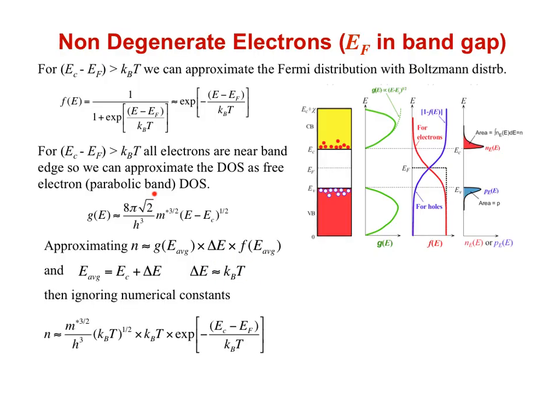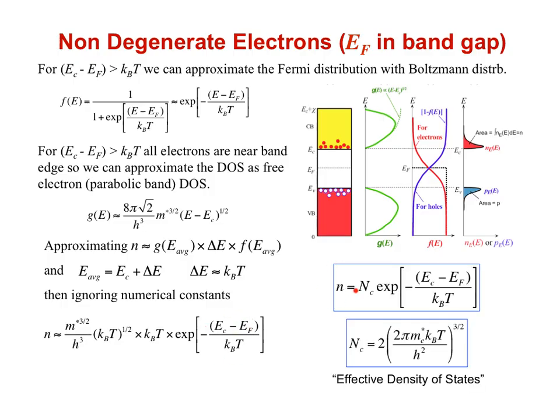Then, ignoring the numerical constants, we have effective mass to the 3/2 times kBT to the 1/2 power from the density of states equation. Then we have the kT from our delta E. And then from the Boltzmann distribution function, we have exponential of the difference between the Fermi level and the conduction band edge over kT.